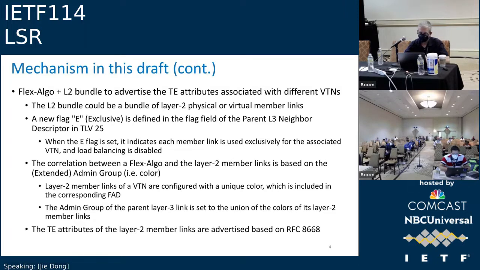With this mechanism, we can ensure that each Algo is associated with the parent layer 3 link, and in the forwarding plane, the traffic will be forwarded using the corresponding layer 2 member link. And the TE attributes of the layer 2 member links are advertised based on the existing RFC 8668.